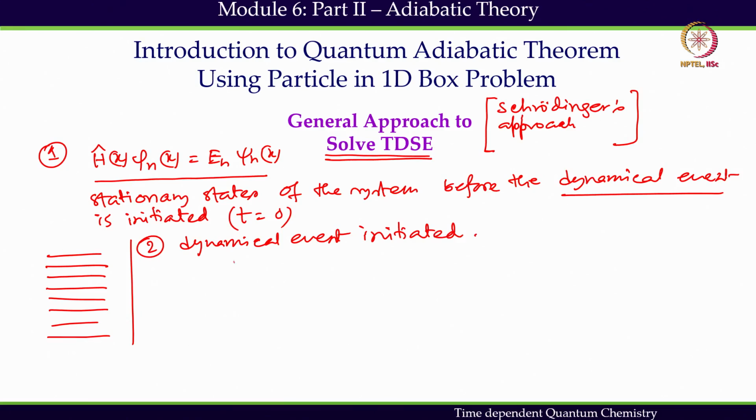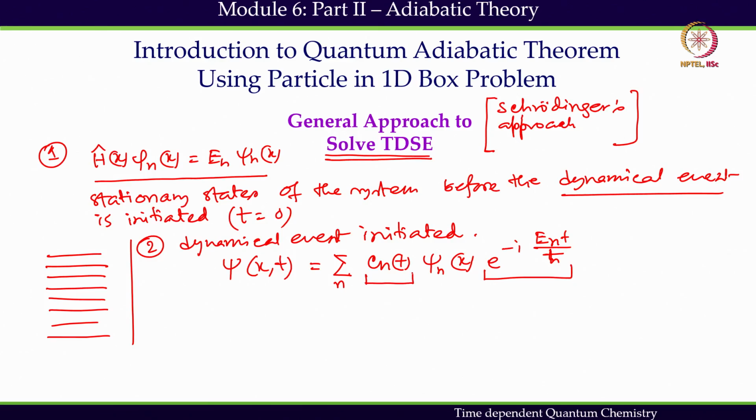It is going to be in the non-stationary state, and the non-stationary state is given by the sum over n of Cn psi n(x) e to the power minus i En t by h cut, a linear combination of all stationary states with its own phase factor and expansion coefficient.